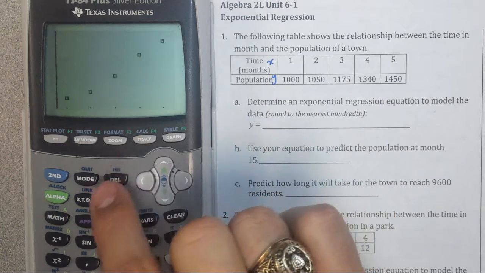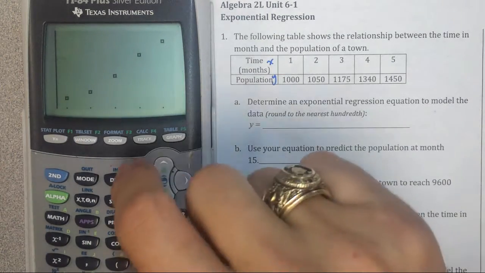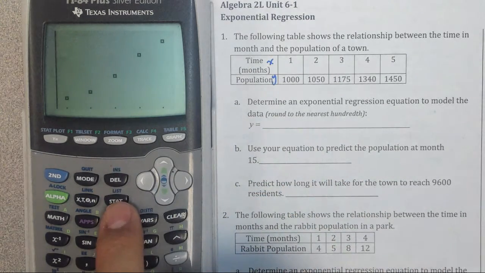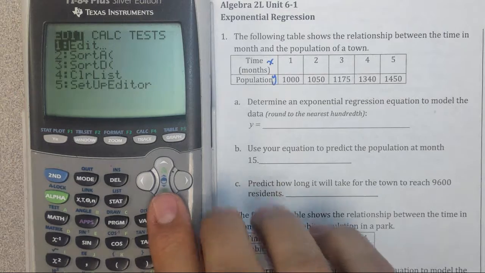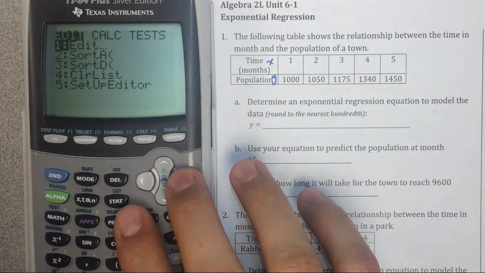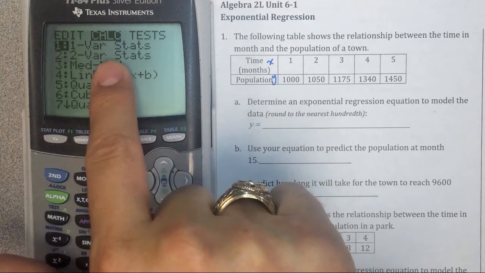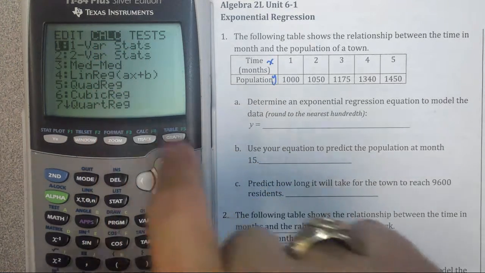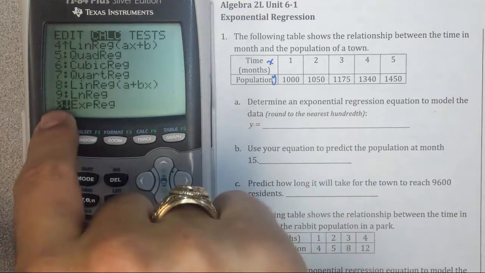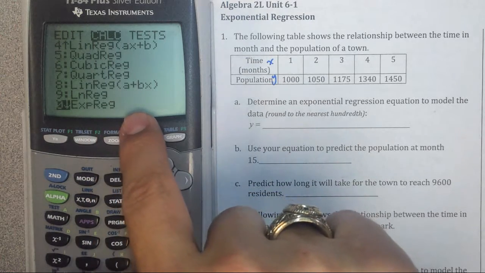So let's go back to stat, and let's see if we can get the line of best fit, or regression equation. So go back to stat. Stat's right here. Press it, and instead of editing it and putting numbers in, let's go over to calculate. We're going to go down to exponential regression, which is 0, the 10th one down, ExpReg.